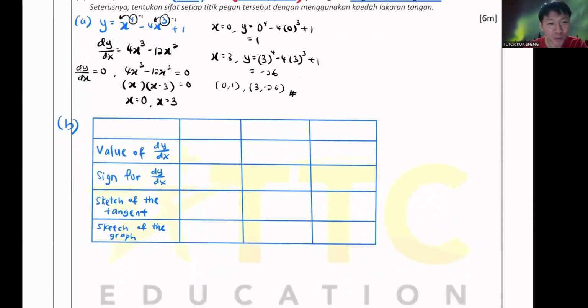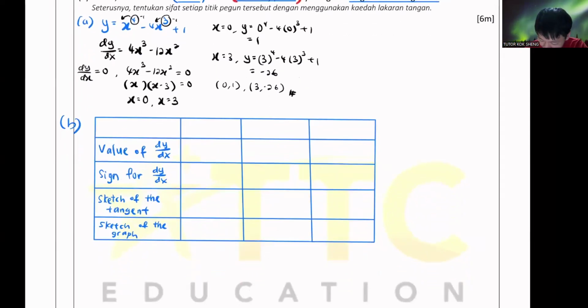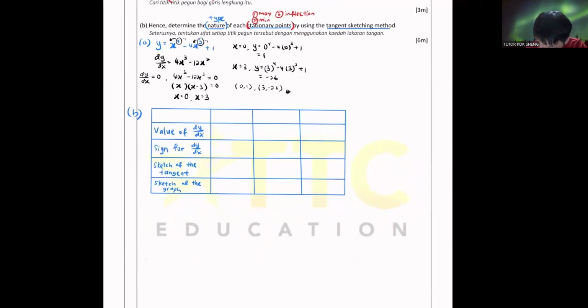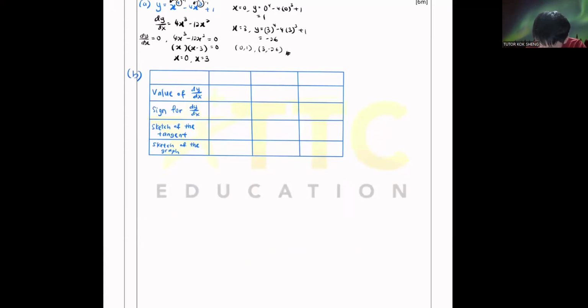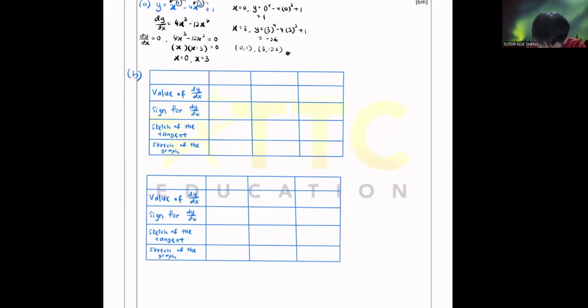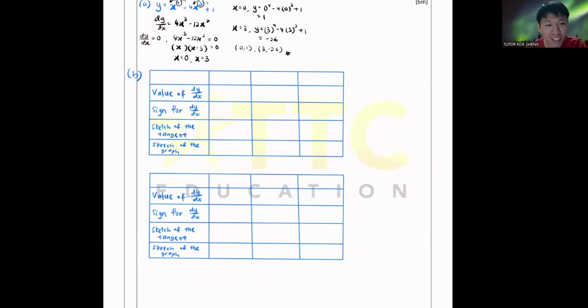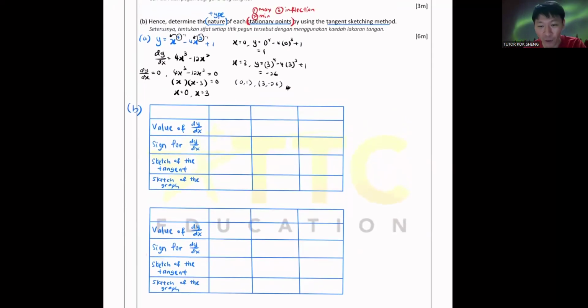I forgot you have to draw 2 because you got 2 points, right? So sorry, you need to draw 2. Okay, never mind, I wait for you first. Go, go. You draw 2.